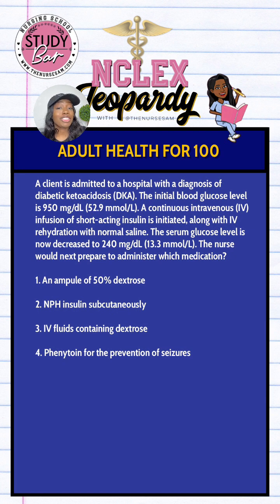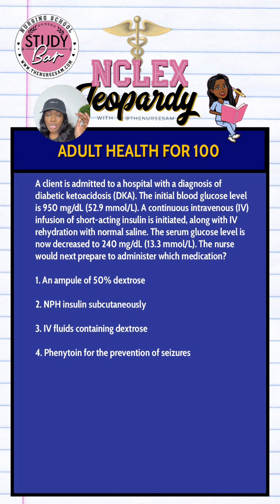The serum glucose level is now decreased to 240 milligrams per deciliter. The nurse would next prepare to administer which medication? Is it 1, an ampule of 50% dextrose, 2, NPH insulin subcutaneously, 3, IV fluids containing dextrose, or 4, phenytoin for the prevention of seizures?